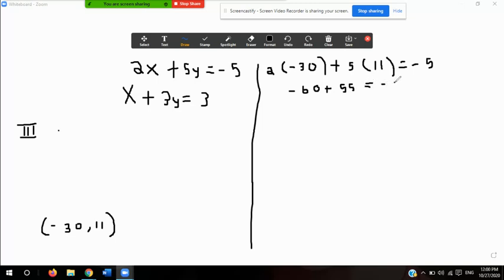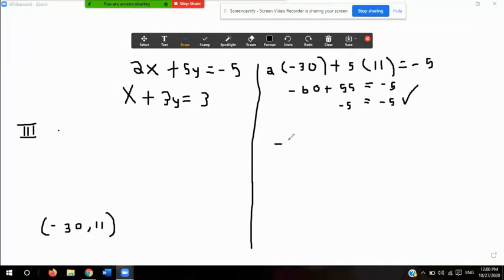Now we're going to see the second equation and if we get the same result. The second equation says x plus 3y equals 3. So I'm just going to change the value of x to negative 30. And instead of writing 3y, that's going to be 3 times 11 because that's the value that I obtained for y. So 3 times 11, and that's supposed to equal positive 3.